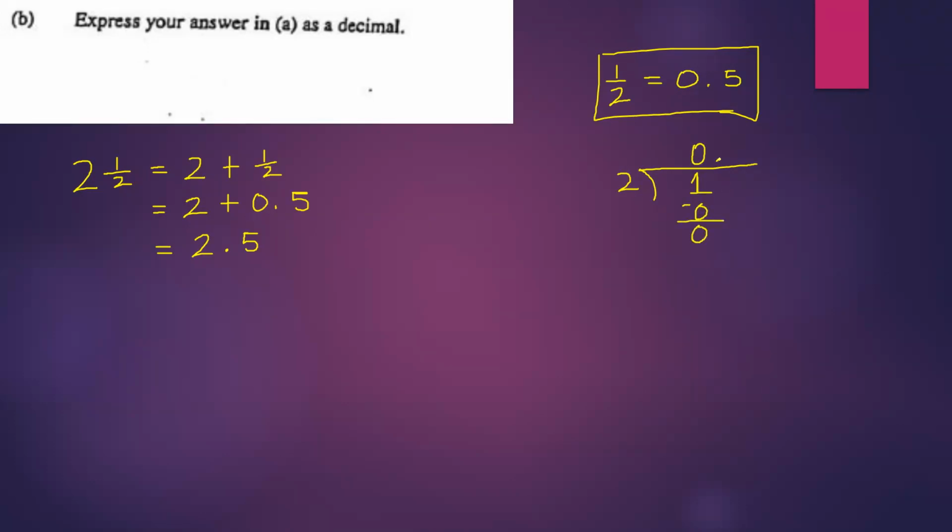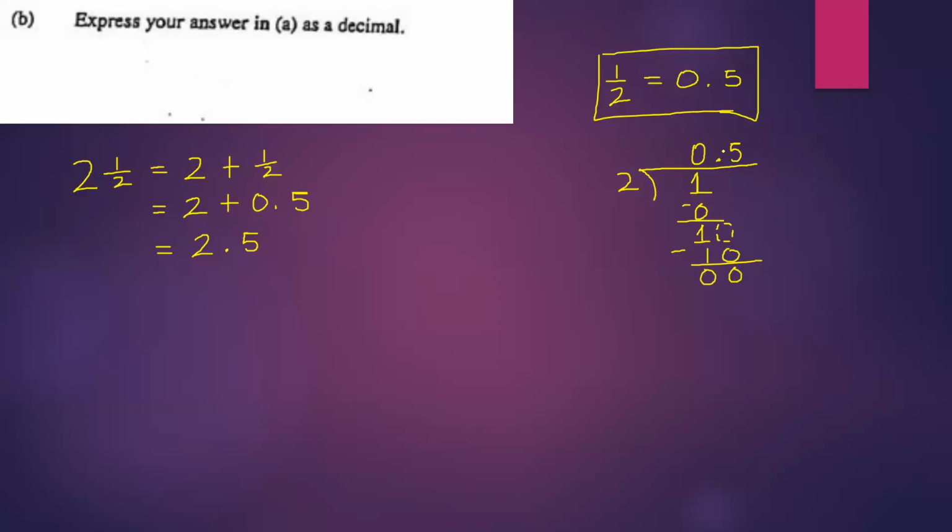We put the decimal point. 1 minus 0 is 1. So you put the imaginary 0. How many times does 2 go into 10? 5 times. 2 times 5 is 10. 10 minus 10 is 0. So that's how we get the 0.5.